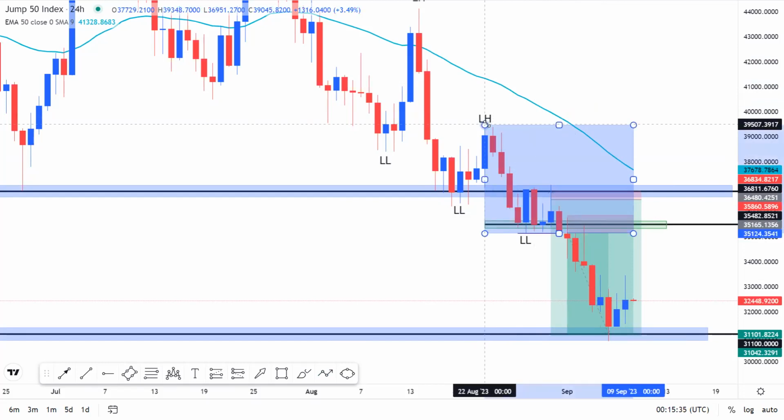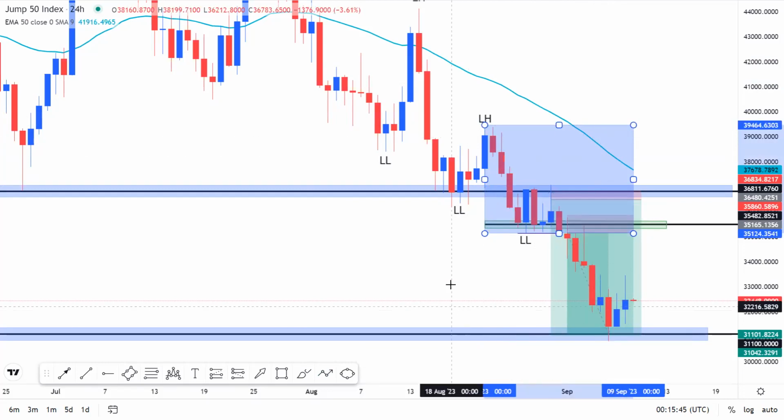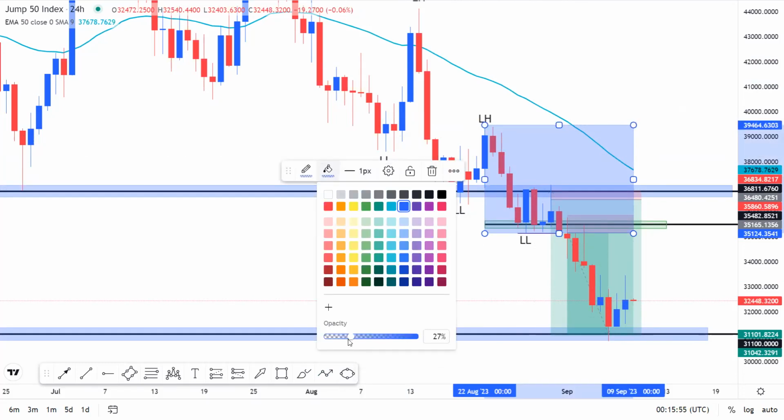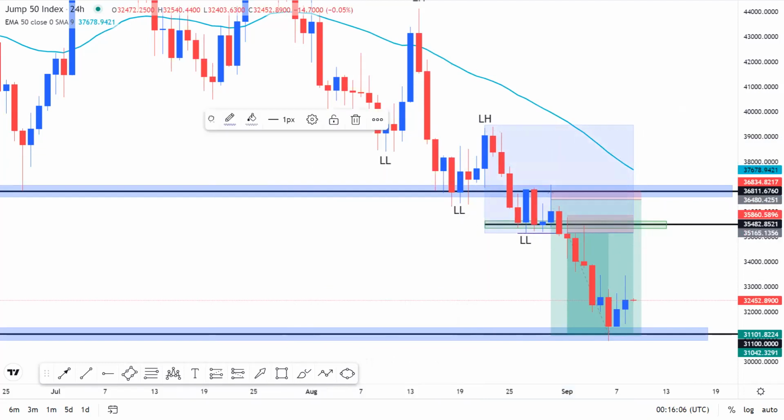And then the level that comes to mind within that price range would be this level right about here.